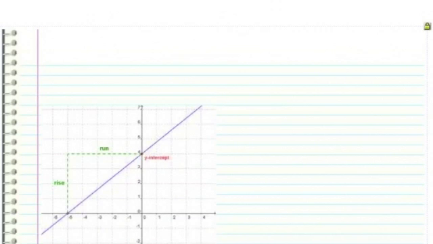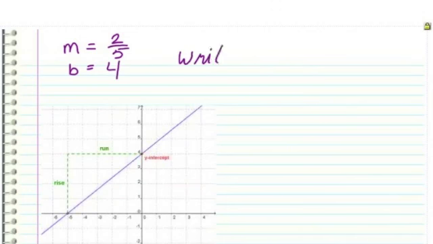Okay. The next thing I wanted to do was just remind you that when you are given the value of m and b in an equation, for example, if m is equal to 2/5 and b is equal to 4, and they say, write the equation.